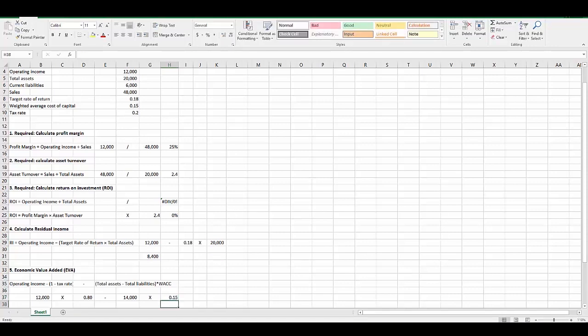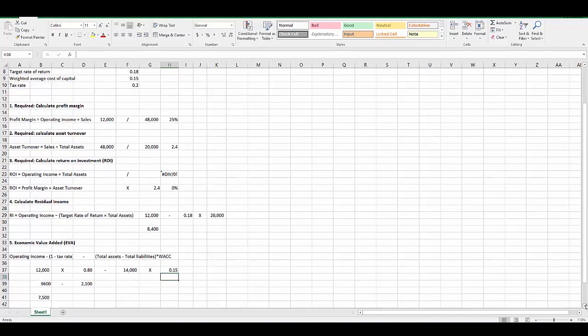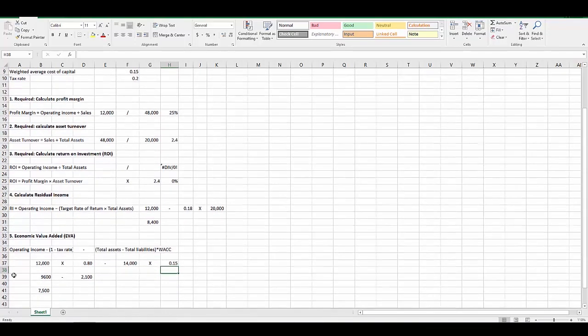So with all of that information plugged into your formula, that is going to give you a total economic value added of $7,500. So that concludes all 5 parts of the ratios demonstration.